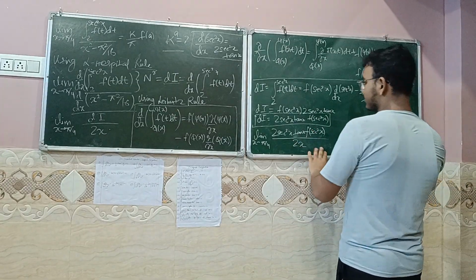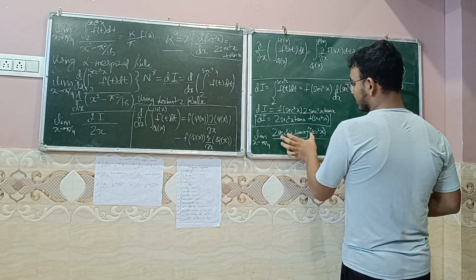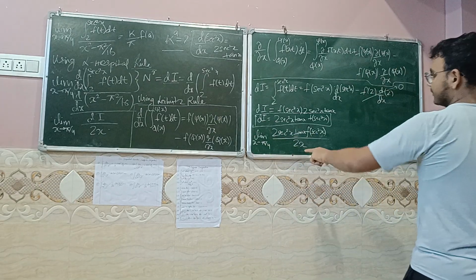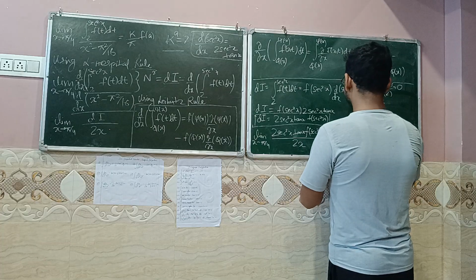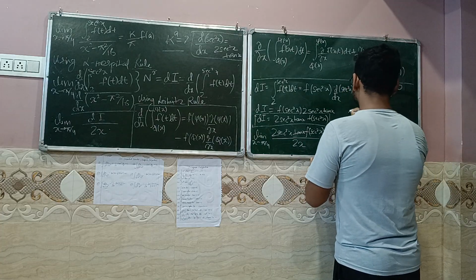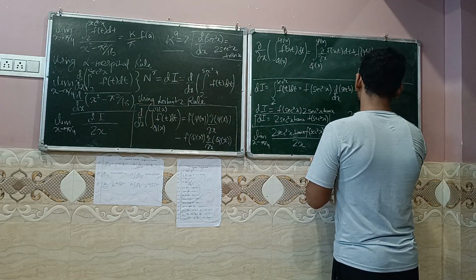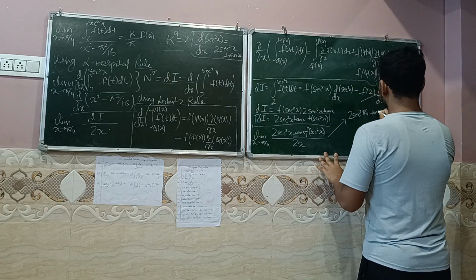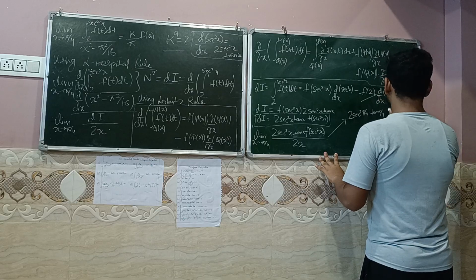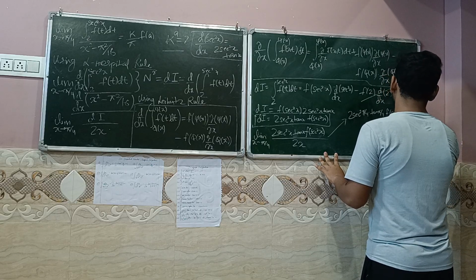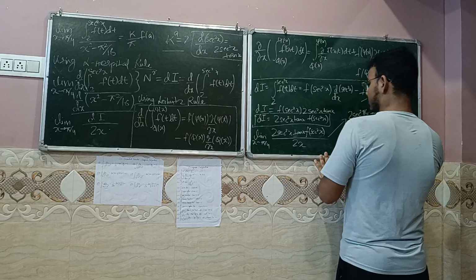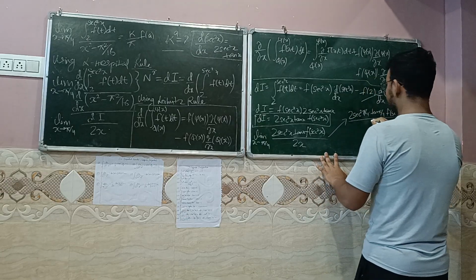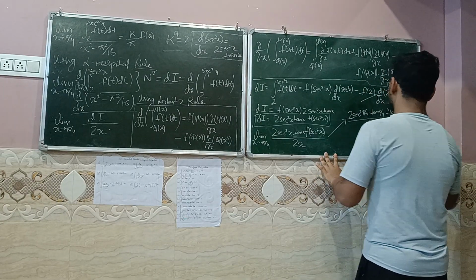So without wasting any time, I'm going to plug pi over 4 in for x. So we will have 2 sec square of pi over 4 times tan of pi over 4 times f of sec square of pi over 4, and over the denominator 2 times pi over 4.